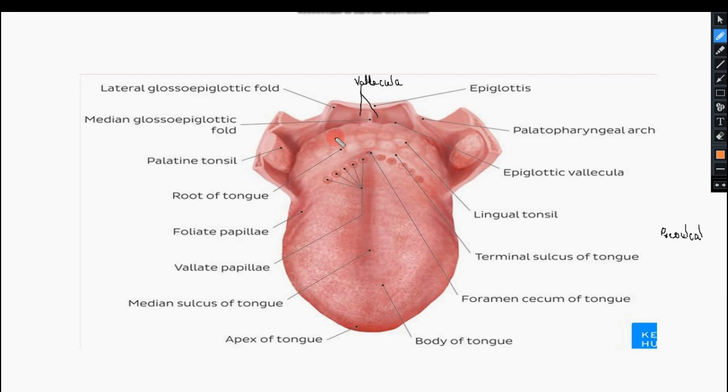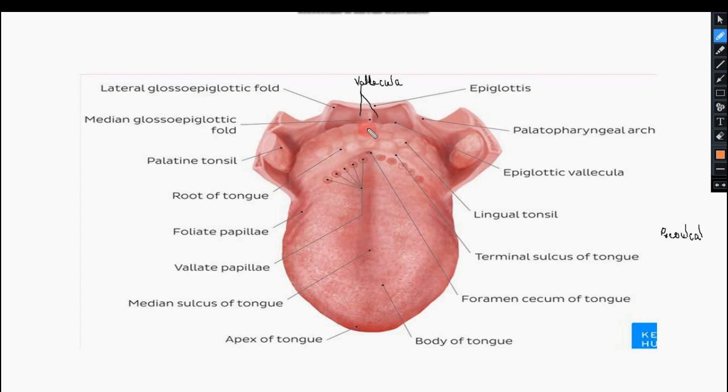This surface is the dorsal surface of the tongue, or you can say superior surface, and the surface below this is the inferior surface. First we will talk about the dorsal surface.